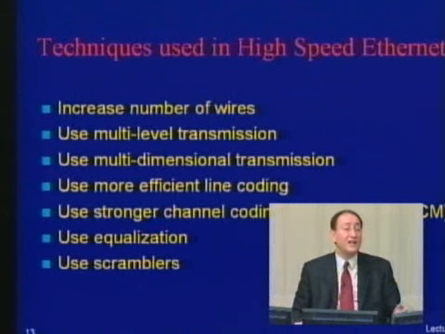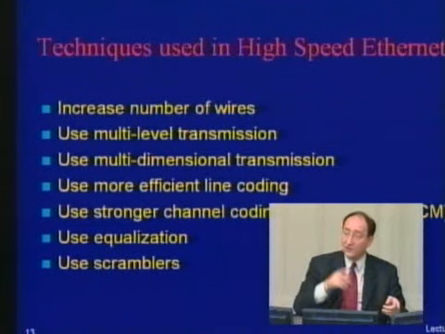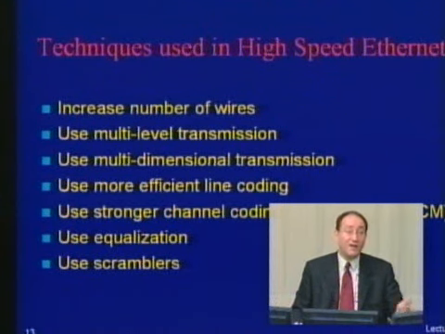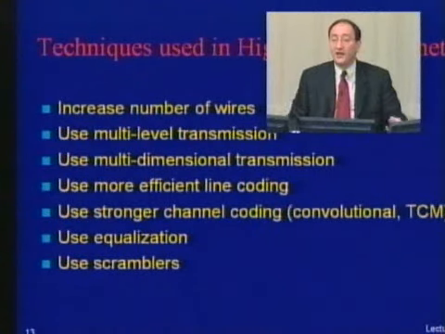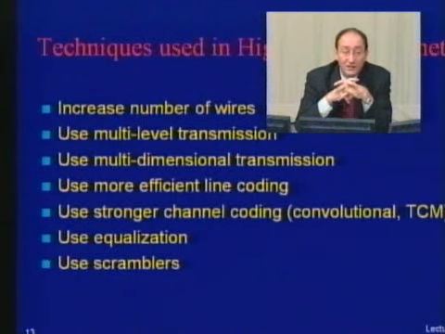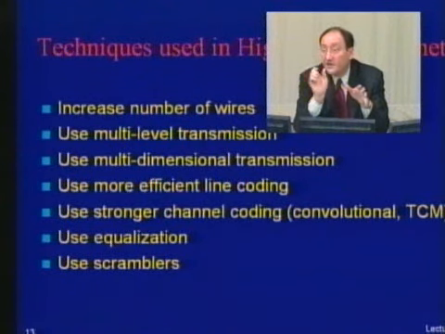The second one was multi-level transmission. You remember that we discussed that. Rather than having 1 and minus 1, for example, I have 1, minus 1, and 0, plus 2, minus 2. I have 5 PAM. If I go to multiple levels, what will happen? Do you remember? I'm going to send more bits per symbol.